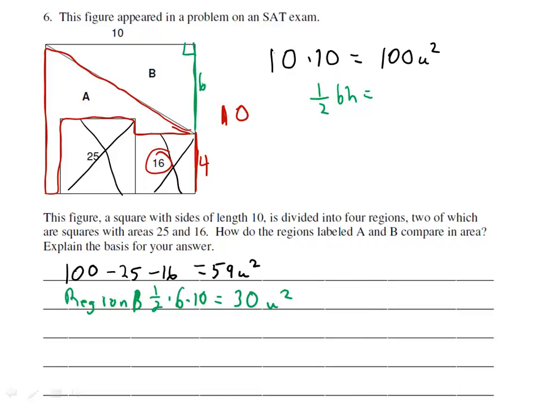Okay, we know that region B and region A together have a combined area of 59. So that means that region A has got to be 29 units squared. So that's for region A.